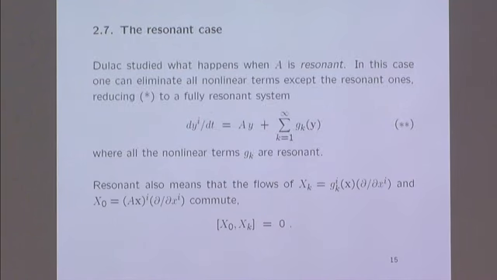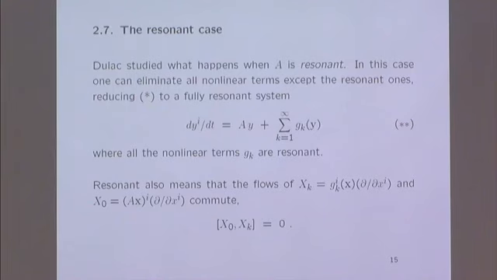Okay, so this is what you can do in a non-resonant case. You can always invert this. Then a student of Poincaré, Dulac, studied what happens in the resonant case. What happens is exactly the same, except that things that are resonant cannot be killed. Things which are in the orthogonal to the range of L0, they cannot be killed.